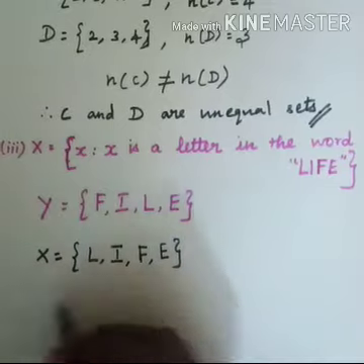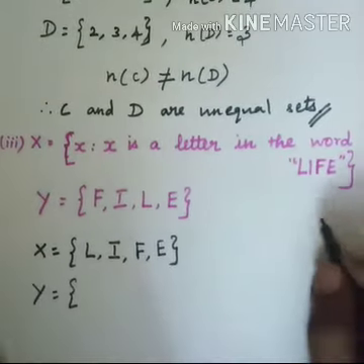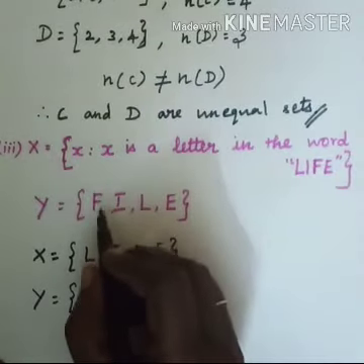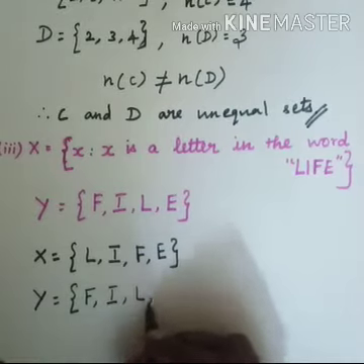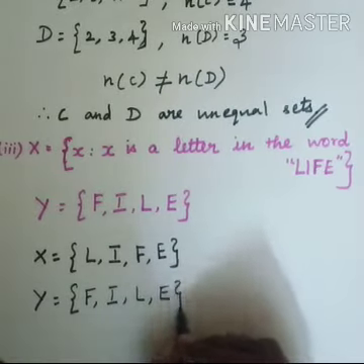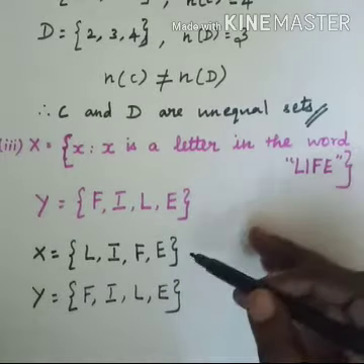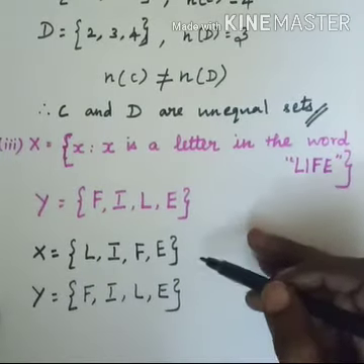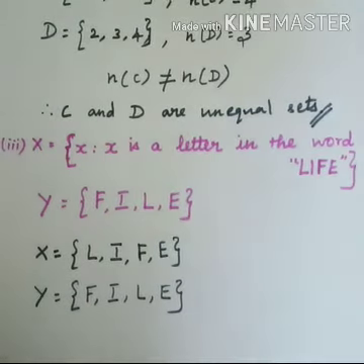So I wrote it. Now Y is given in roster form, so write it as it is: F, I, L, E. Now we have to check whether these two sets are equivalent or equal sets. So check.